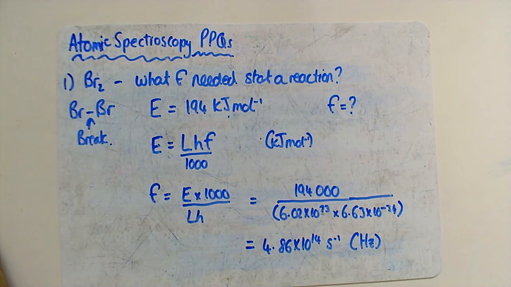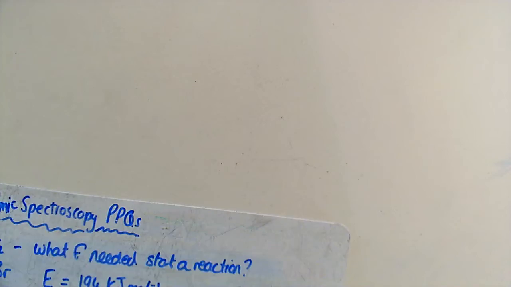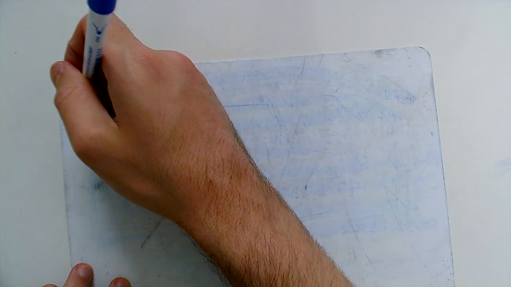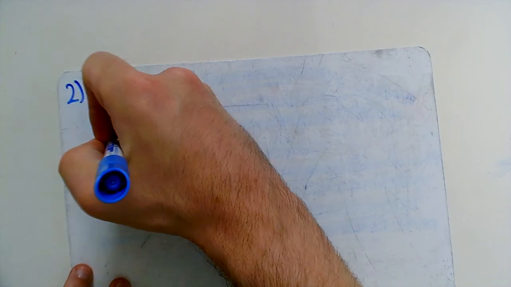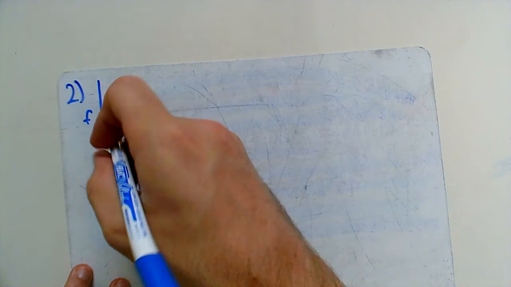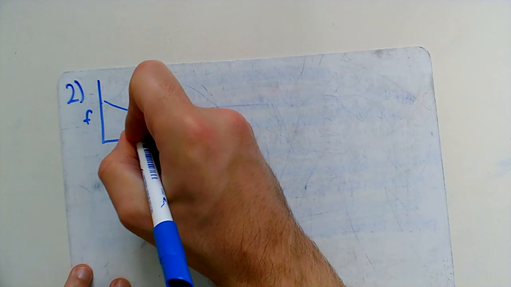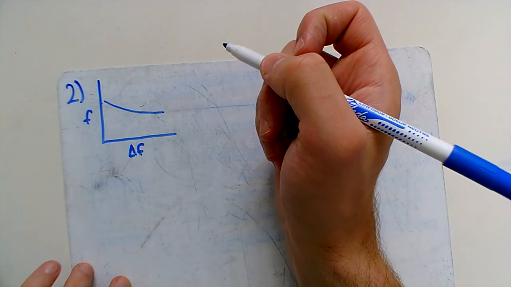The second question in the questions that you got, question 2, talked about reaching a continuum, and it gave you a graph of frequency versus the change in frequency. And you had a curve like that.